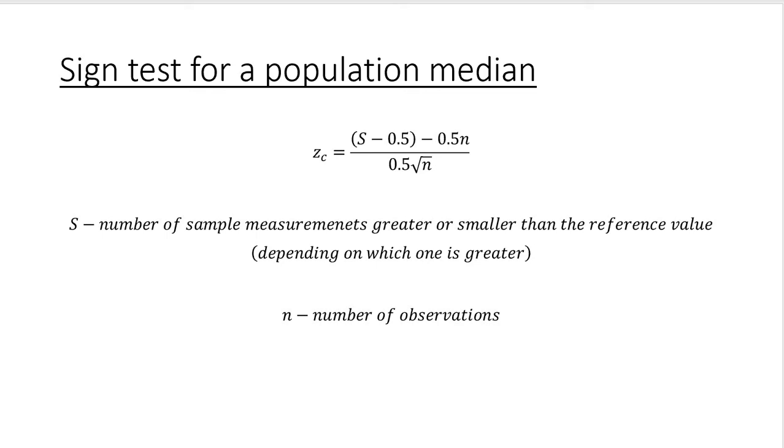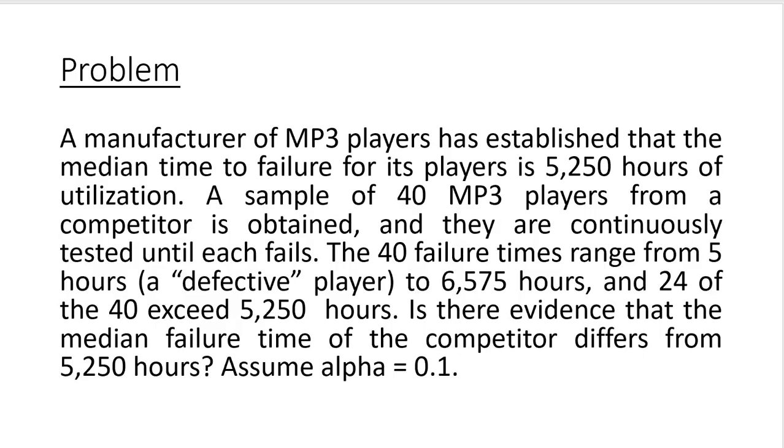So let us discuss how to compute the test statistic based on the following problem. A manufacturer of MP3 players has established that the median time to failure for its players is 5,250 hours of utilization. A sample of 40 MP3 players from a competitor was obtained, and they were continuously tested until each failed.